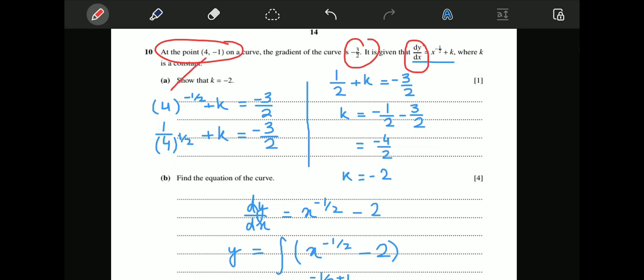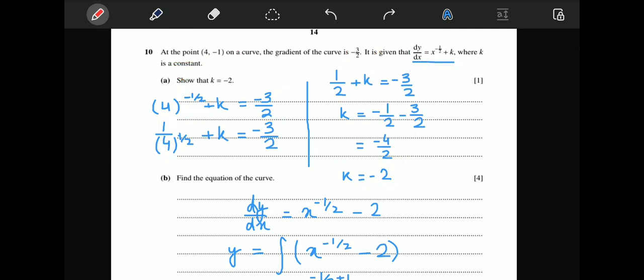So putting 4 in place of x and writing x power minus 1 by 2 plus k equals minus 3 by 2. Then simplify this. 4 power minus 1 by 2 will give you 1 over 4 power 1 by 2. Then taking out this k value from it, 4 power 1 by 2 means root 4, and this is equal to 2, and then it will give you minus 4 by 2 and minus 2. This is it.